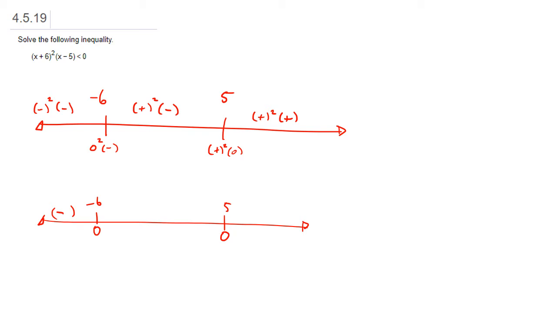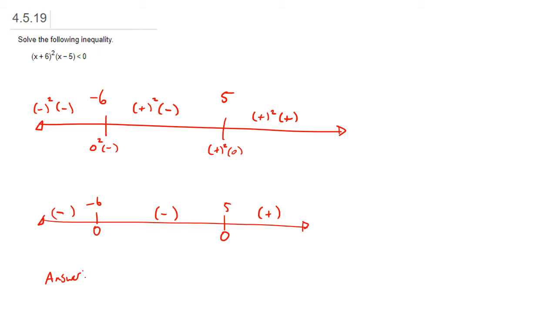In between minus 6 and 5, we have a positive number squared times a negative number, so the result is still negative. And finally, when x is bigger than 5, I have a positive number squared times a positive number. That result is positive. And now we can, just by looking at this picture, answer the question, where is the product x plus 6 squared times x minus 5 negative?